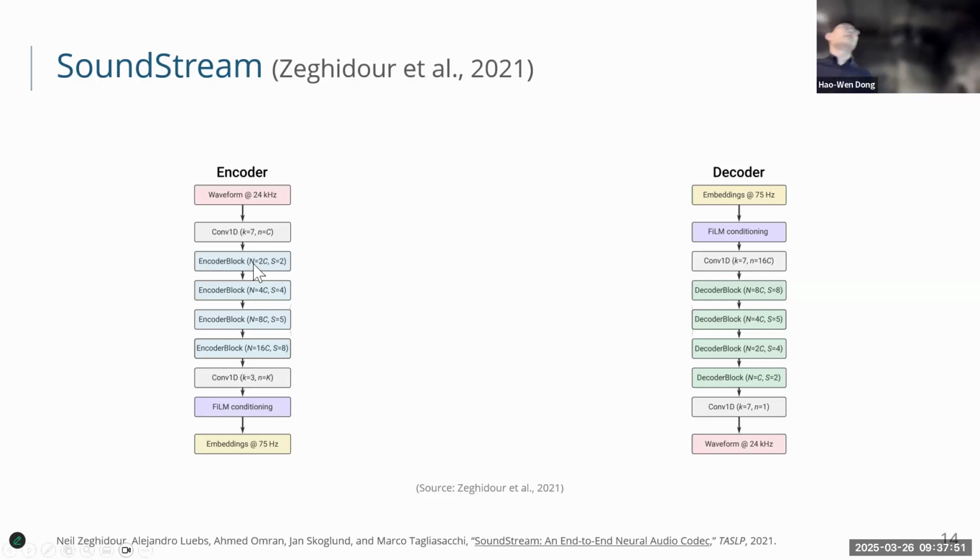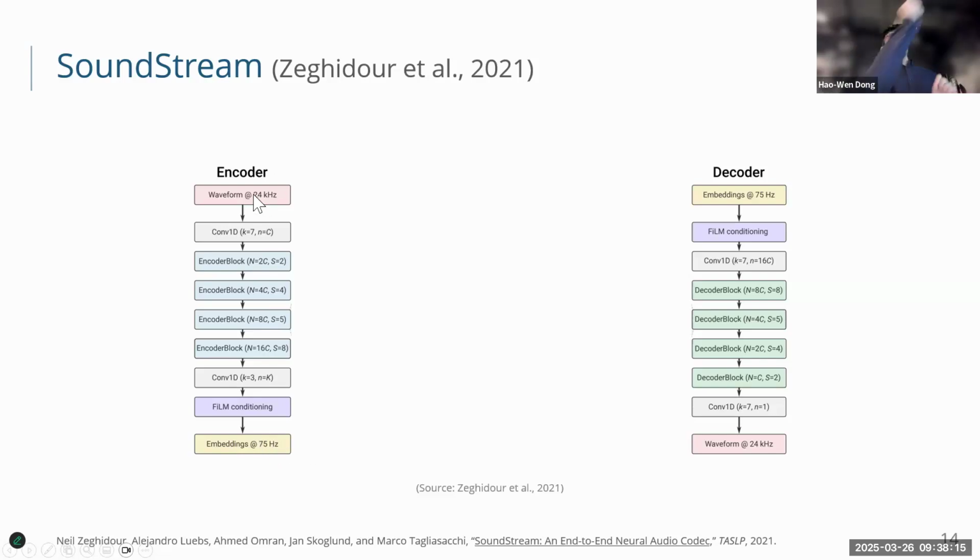We won't go into detail, but you can see encoder, convolution. Basically, this is just a huge convolutional network, and the decoder is again the same huge convolutional neural network, just in the other direction. On one hand, you go from a waveform at 20 kilohertz all the way down to a compressed embedding at a much lower sampling rate.